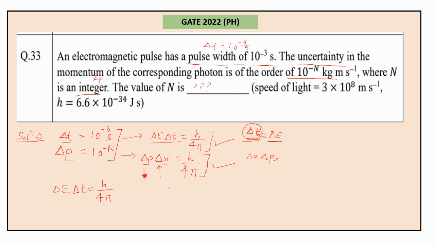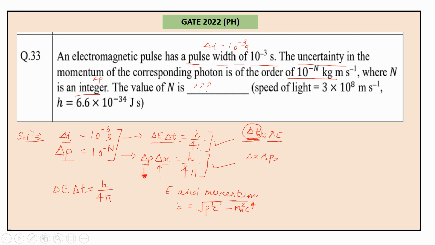So do you know any relation between energy and momentum? Any relation? E is equal to under root of p square c square plus m naught square c to the power 4.